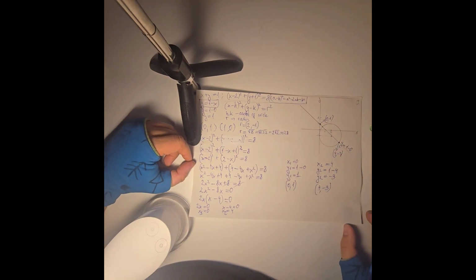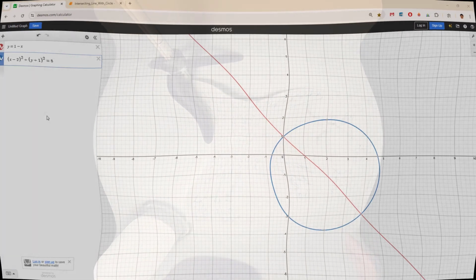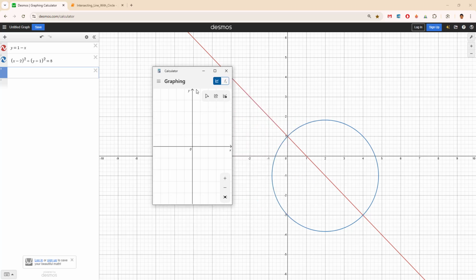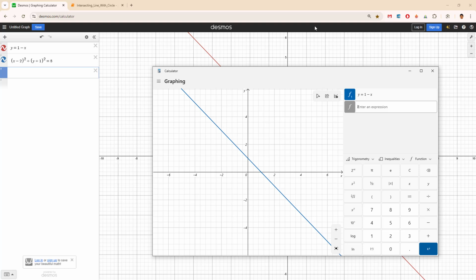Let's take a look now in Python and see whether we are good. But first, let's take a look at the Desmos calculator, or we can do it even with the Excel calculator. But with this one it's rather visible. It should be y equals 1 minus x, and the second would be x minus 2 squared.